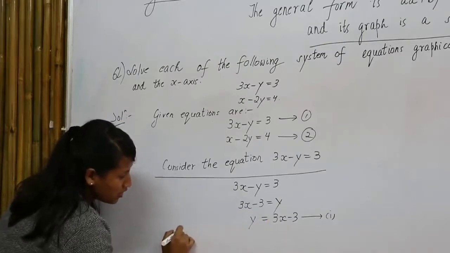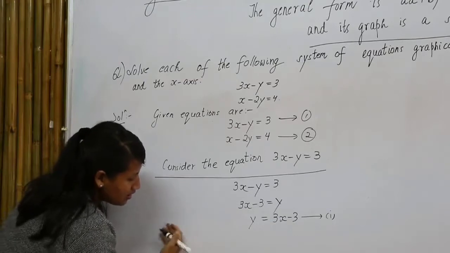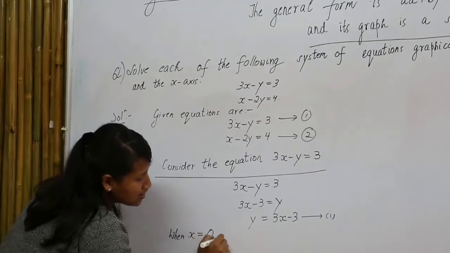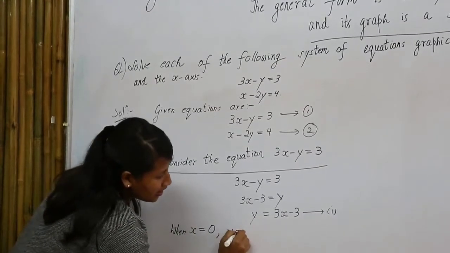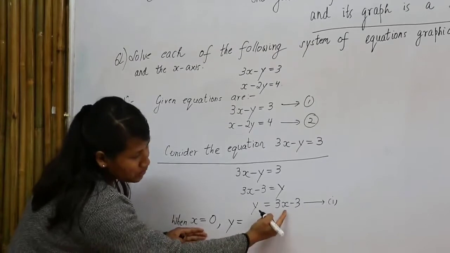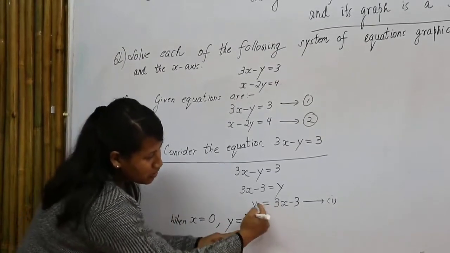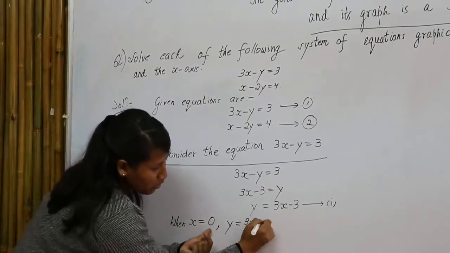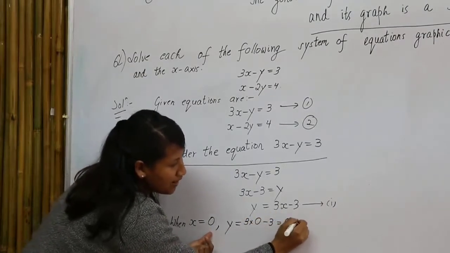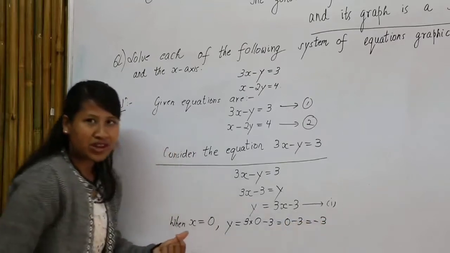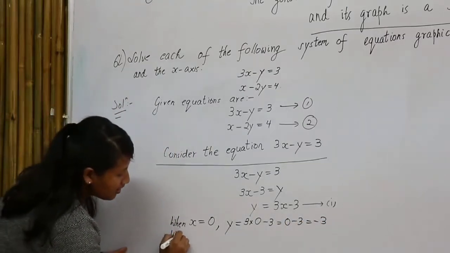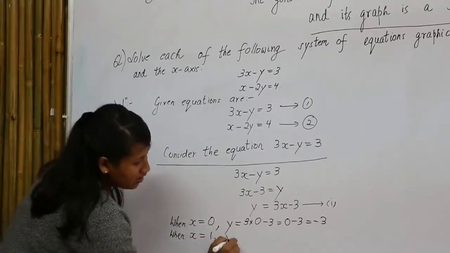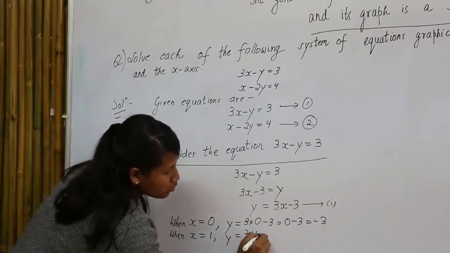So we write, when x is 0, we can take 0. So what will be y? I told you x we can take whatever we want. So y equals 3 times 0 minus 3, which is minus 3.